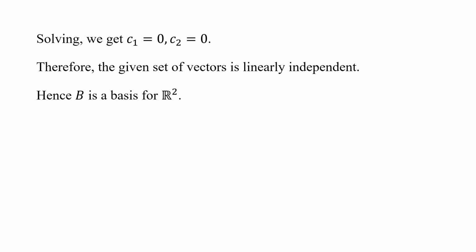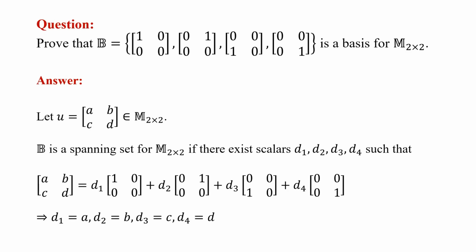So we have seen a basis for Rn. Now we will see a basis for M2 by 2. Prove that B = {[1 0; 0 0], [0 1; 0 0], [0 0; 1 0], [0 0; 0 1]} is a basis for M2 by 2. Again, we have to check whether the given set is a spanning set for M2 by 2.